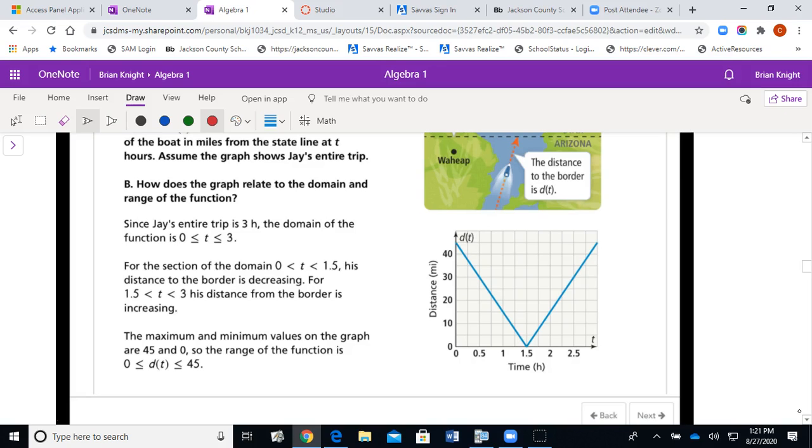All right, so here's my domain down here. It starts where? At 0, and then we end it at how many hours? 3 hours. So from 0 less than or equal to t, less than or equal to 3. That's your domain. What's your range?